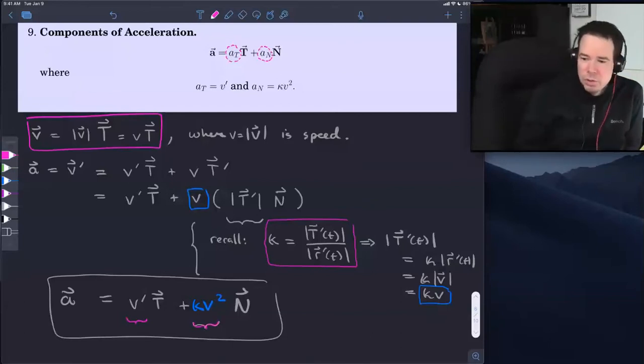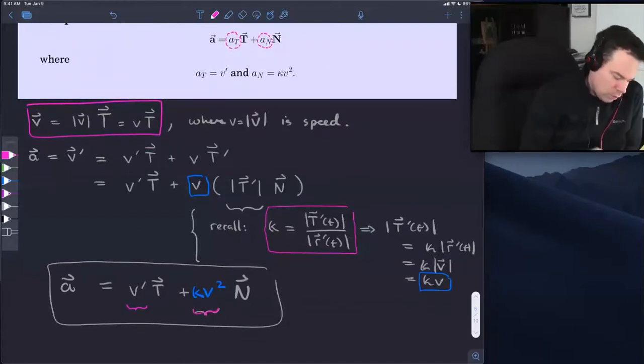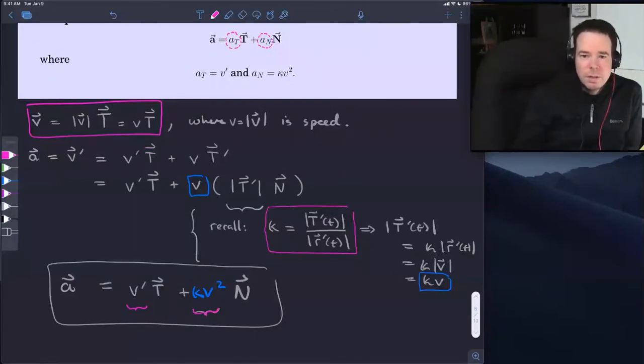The tangential direction, the acceleration we get there is because our speed is changing. It's because we're either speeding up or slowing down. Whereas in the normal direction, it's because our direction is changing. That's our curvature. The magnitude of our acceleration in our normal direction not only depends on how the curve is bending, its curvature, how big or small the curvature is, but it also depends on how fast we're going.